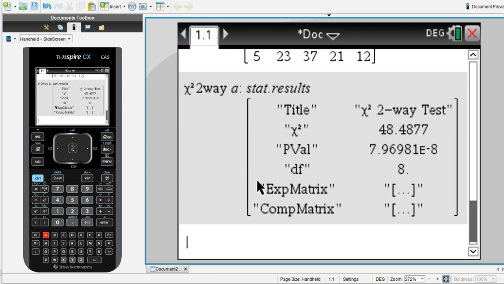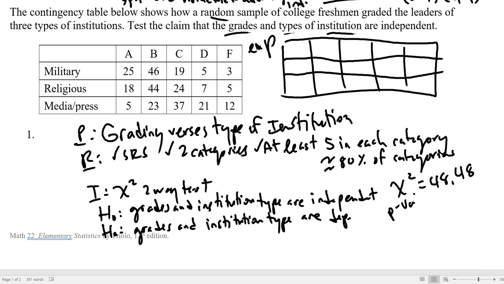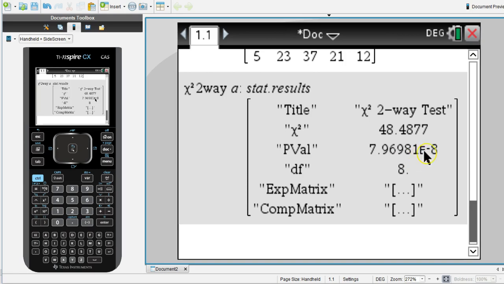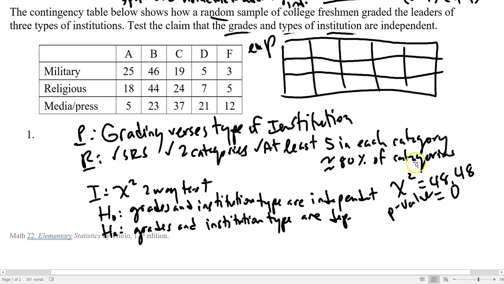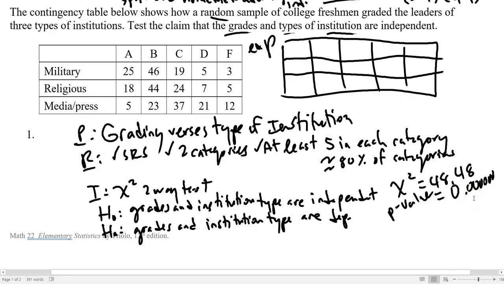Our chi-squared, 48.48. Our p-value is basically 0. Basically this has like 7 zeros in front of it. If you want to put like 7 zeros and then fill that 7 or 8 in, you can. I'm just going to call it 0.